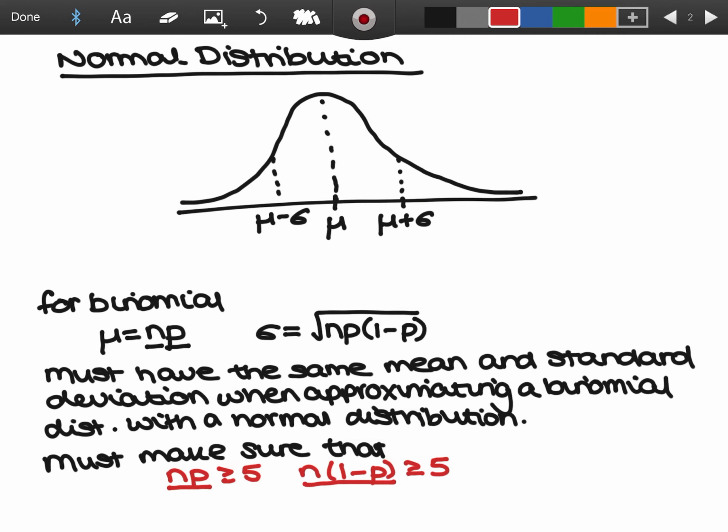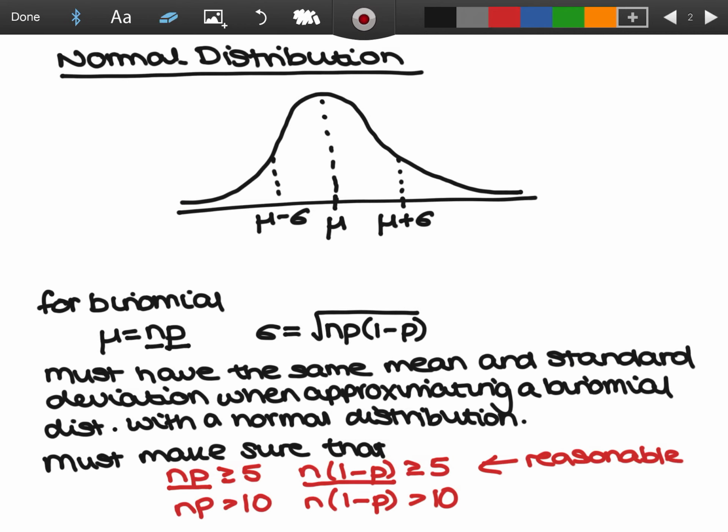What you would really like is for both of these things to be greater than 10. That would give you a good approximation.